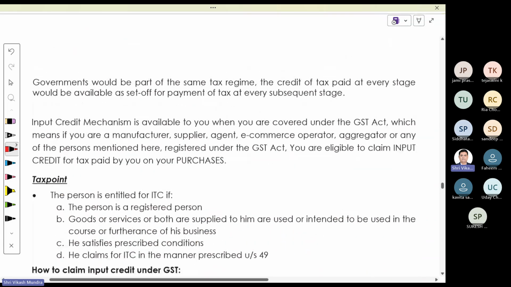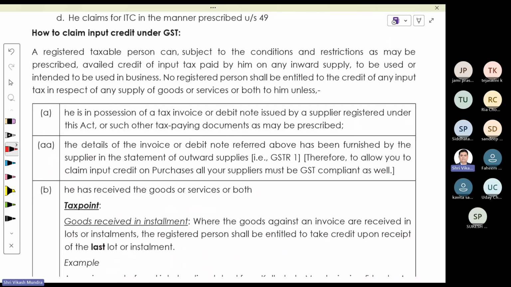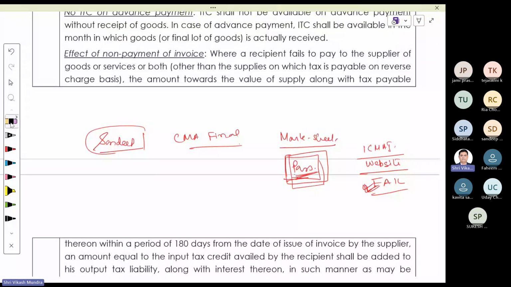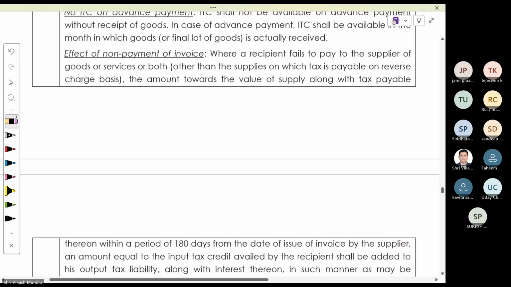So in the first criteria, we mentioned that the assessee should possess a tax invoice or debit note issued by the supplier. Suppose Mr. Sandeep, engaged in the business of cement, acquires cement from ACC Limited.